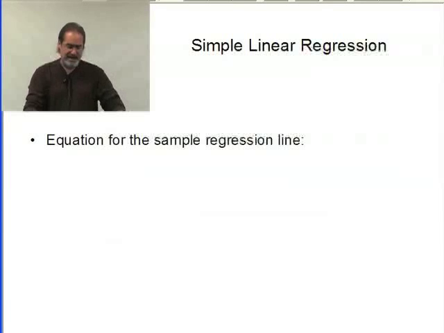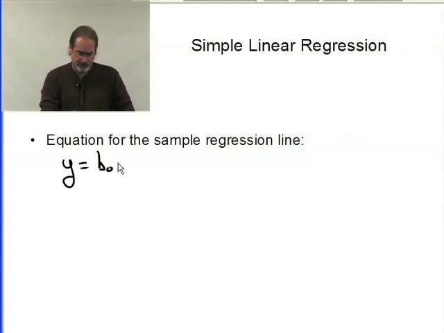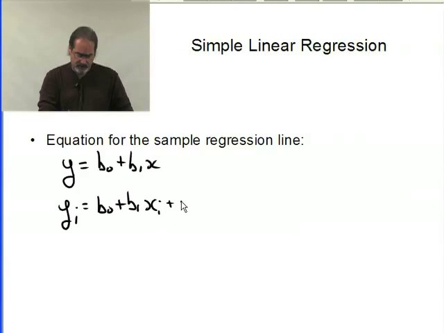Now, for the sample regression equation, we have the exact same idea, only we see the equation of the line y equals b0 plus b1x. And any particular yi is b0 plus b1 xi plus the error ei.